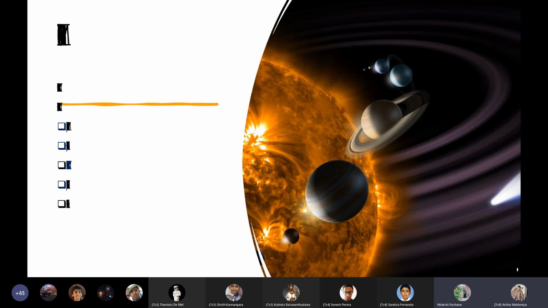So, when we come to the composition of the solar system, the Sun and the other celestial bodies which are bound by the gravitational force of the Sun belong to the solar system. And the celestial bodies found in the solar system are listed below.